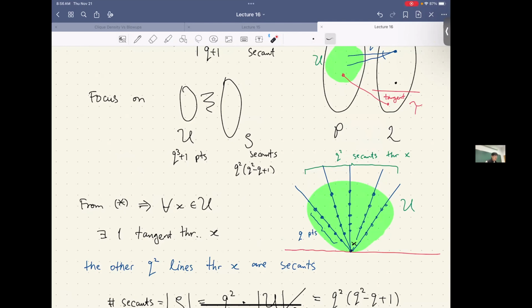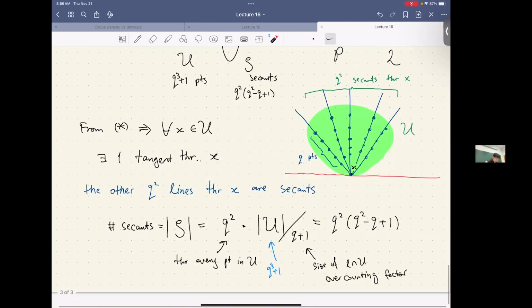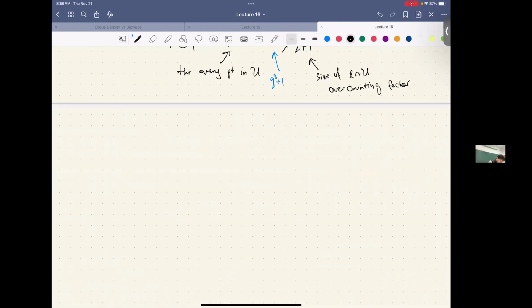In other words, you don't have 4 lines in general position. So this is a key property of U and S. This is the so-called O-none, or another name is the Pasch configuration.